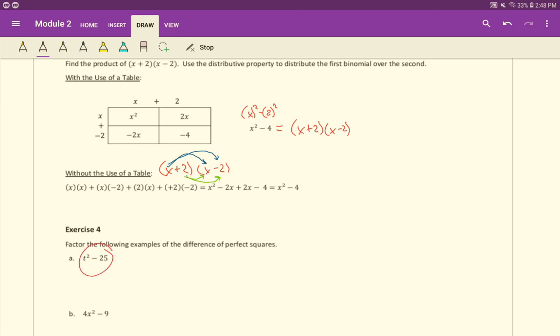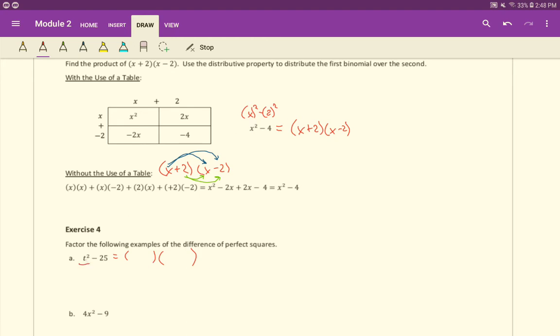So can you try and figure out then, in reverse, what will t squared minus 25 be? What two things are we going to multiply together here to give us this t squared minus 25, right? If x squared minus 4, a difference of squares, was from x plus 2 times x minus 2, what will t squared minus 25 come from?